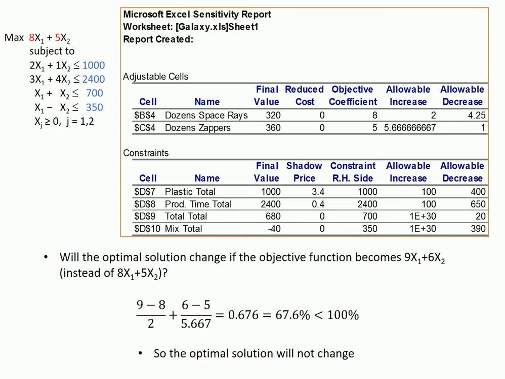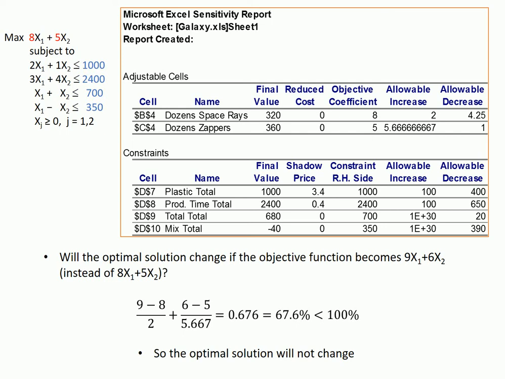What we're going to do is this. We're going to divide the amount of change for the first term, which is from 8 to 9, so the amount of change is 9 minus 8, which is 1, divided by its allowable increase. It's allowable increase because this term goes up. So allowable increase is 2 here, so it goes here.